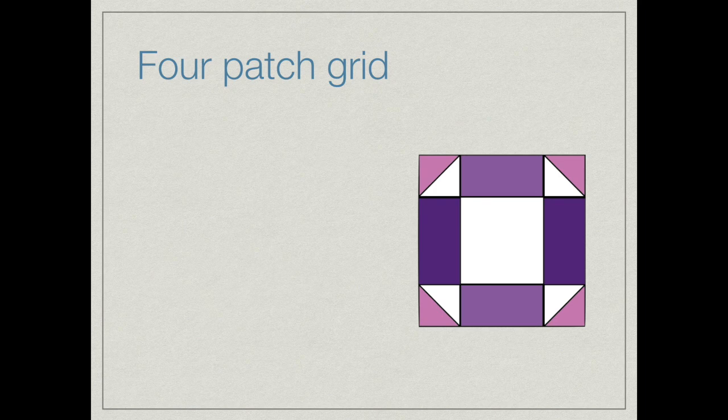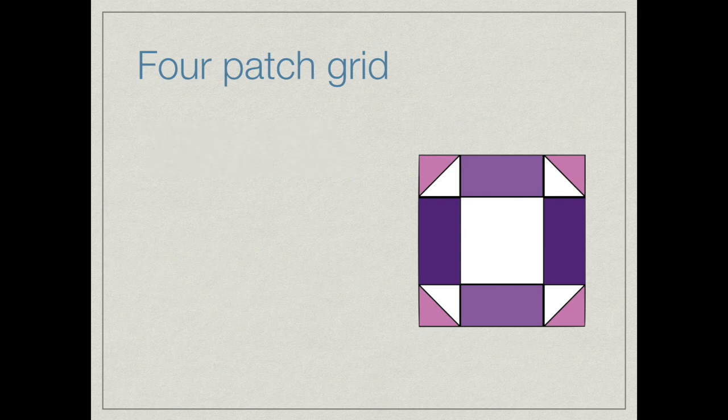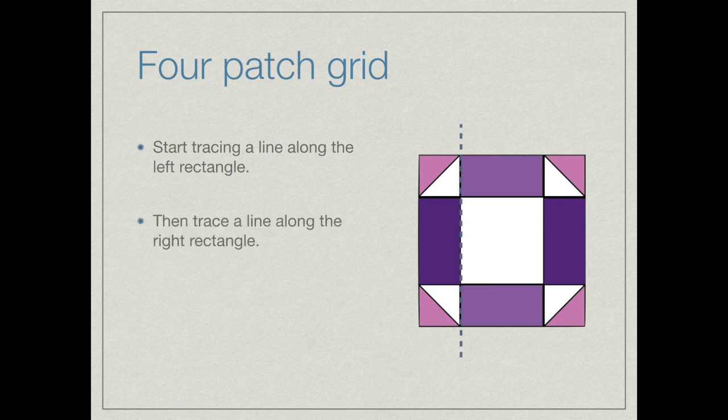But what about this? Would this be considered to be a 4-patch grid? Well, when we look at it, we might think that it's a 3-patch grid, but it's actually a 4-patch grid. We're going to start tracing a line along the left rectangle and then one along the right rectangle.